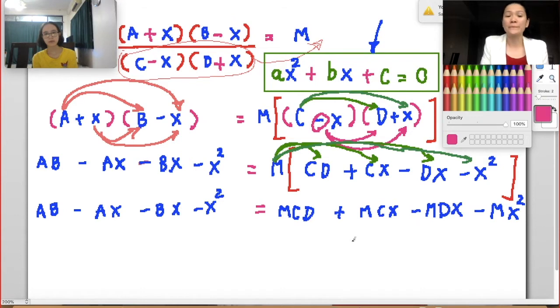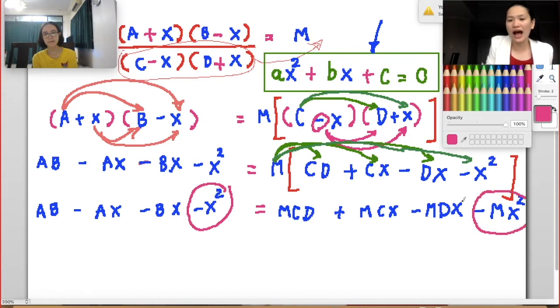Alright, let's go. I try to find X squared first. The concept is you move everything from the right side to the left. Let's do X squared first. This one, X squared and minus M squared. I move negative M squared to another side. So this one is turned to be negative X squared.